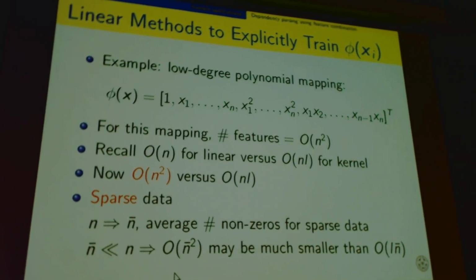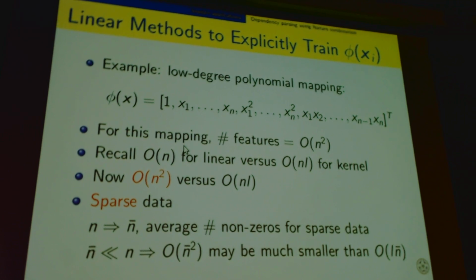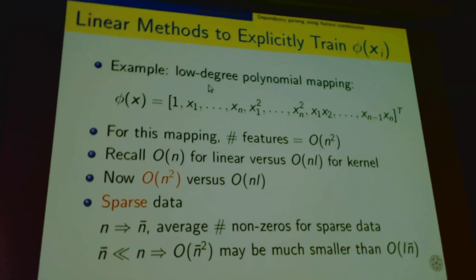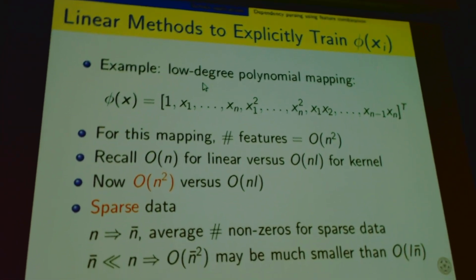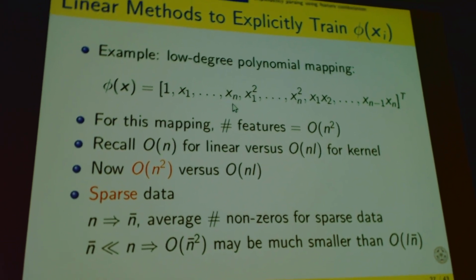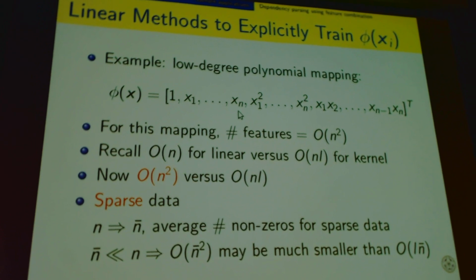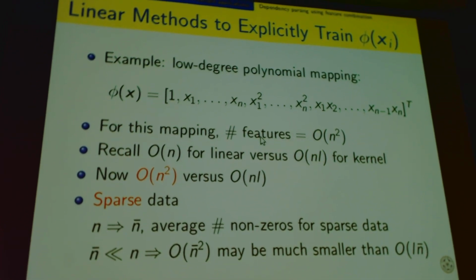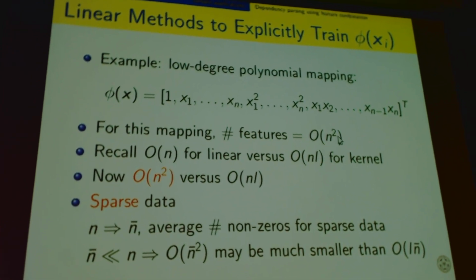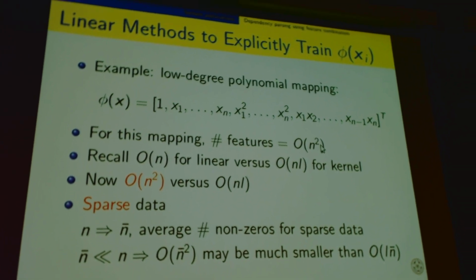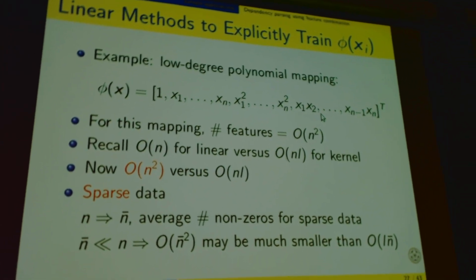So exactly how do we achieve this? Now we consider the so-called low degree polynomial mappings. This is basically the pairwise product between all your features. So your number of features becomes order n squared, where n is the number of original features. By such combinations, you get n squared features.